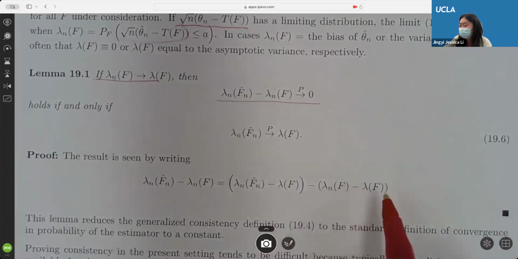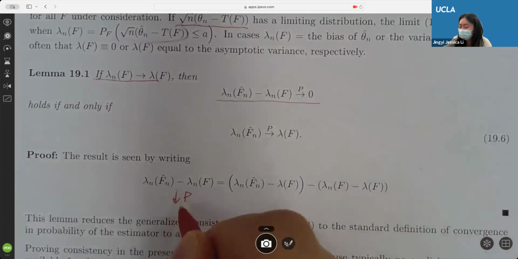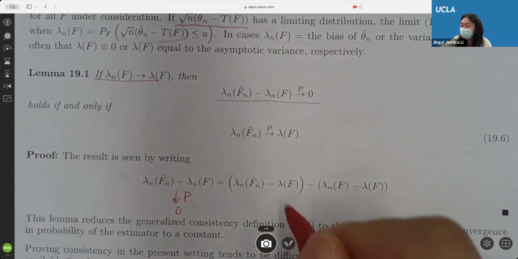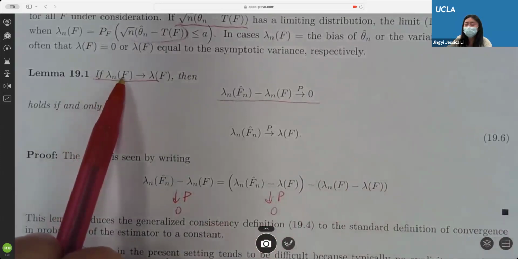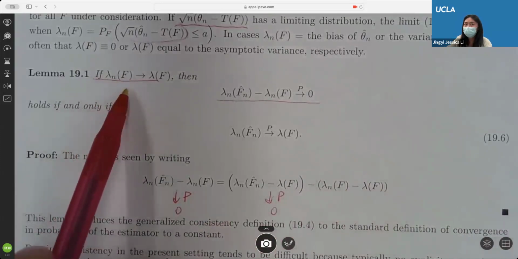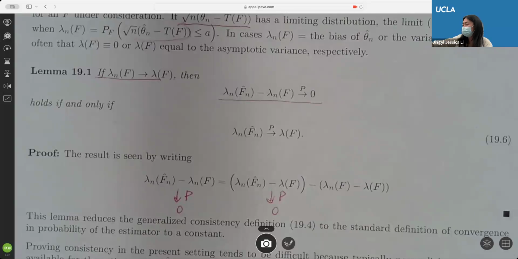By decomposing these two parts, we can say that this converges to zero in probability is equivalent to this converges to zero in probability, because we know this part always converges. And for this convergence of the performance measure, we don't need to specify the mode since it's not random. Lambda and F is not random. So that's why we just say it's convergent.